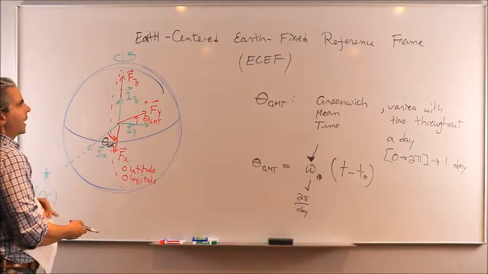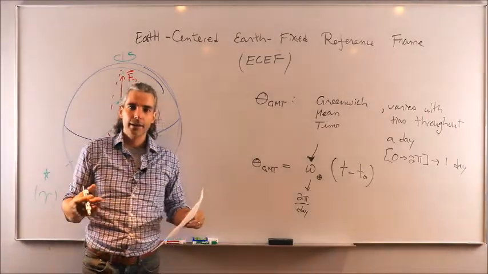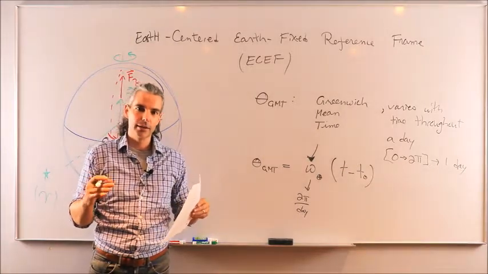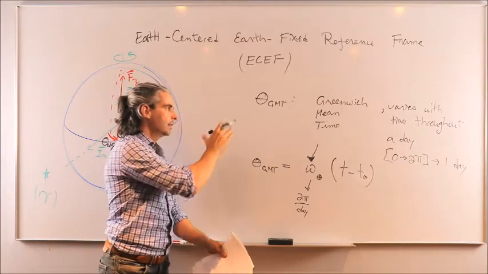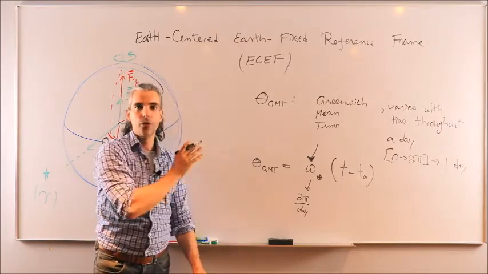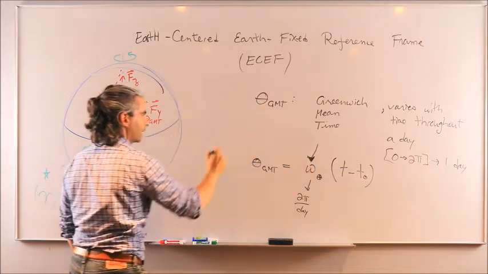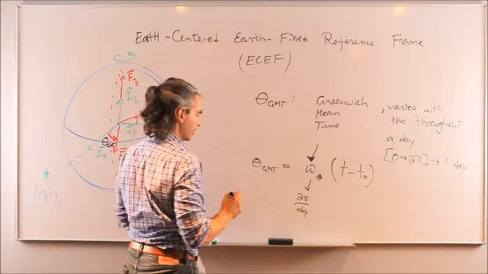So now that we have our ECEF reference frame defined, we are ready to look at how we can calculate the path of our spacecraft as seen from an Earth-fixed point of view. Or how can we draw the ground track on this Mercator projection?